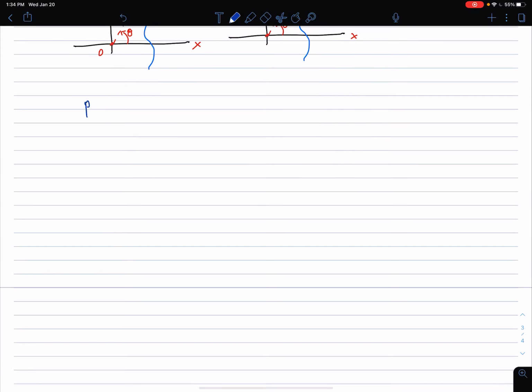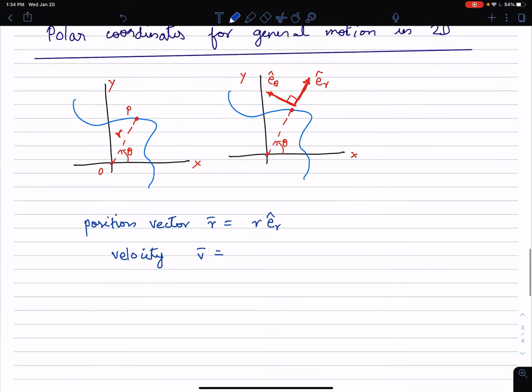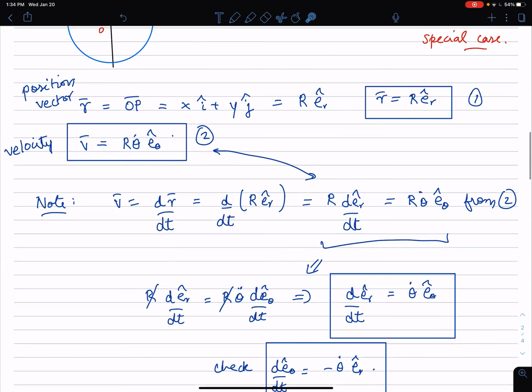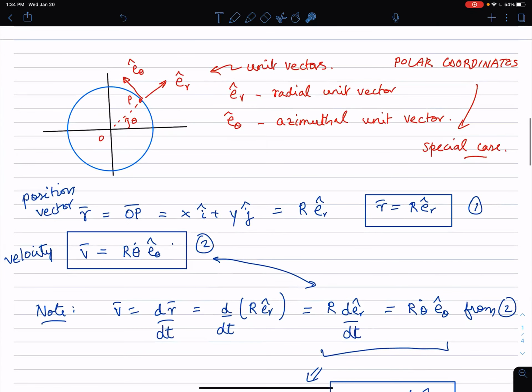So position vector r, that is still r e_r. The velocity vector v, it now has two terms, right? Previously, the velocity had only one, it was exactly along the e_theta direction, so it only had an e_theta term.